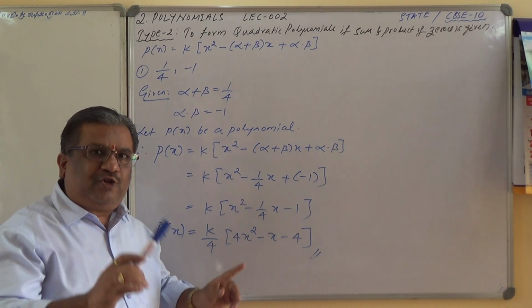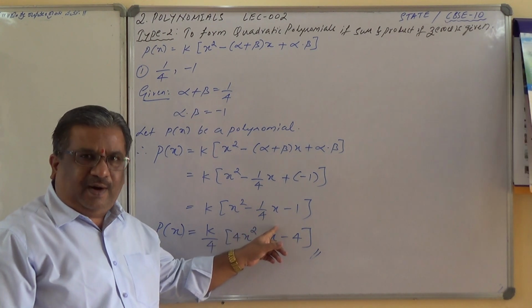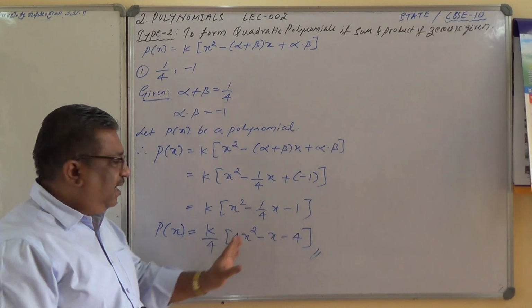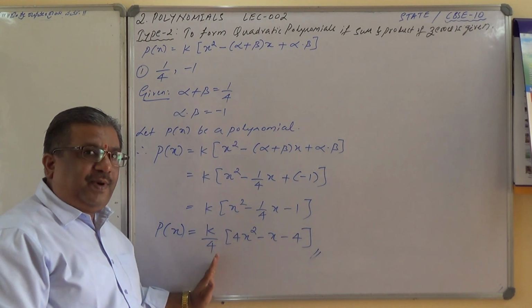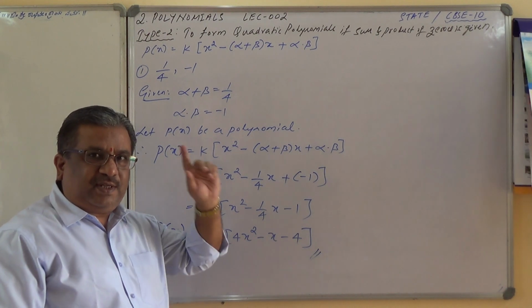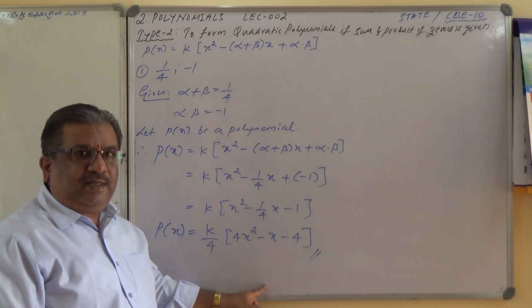Your polynomial should be such that there shouldn't be any fraction in that one. You understand? In that case, you have to take the LCM and eliminate this constant part and only take this as a polynomial. Anyway, these things I am discussing once again. Either you can stop here or here. Both are correct answers.